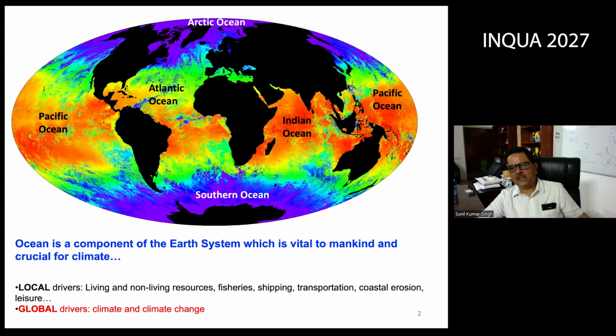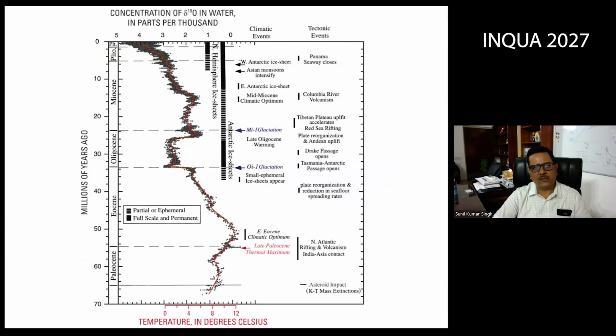They are also essential in supplying living and non-living resources, such as fishery and different minerals, and are important for tourism, shipping and transportation. But what we are going to talk about is how these oceans are driving our global climate, and how that is going to change the shape of climate in the near future.